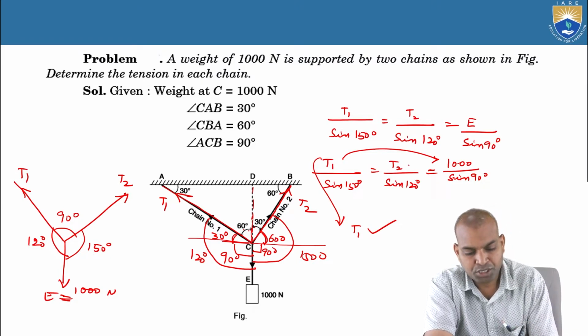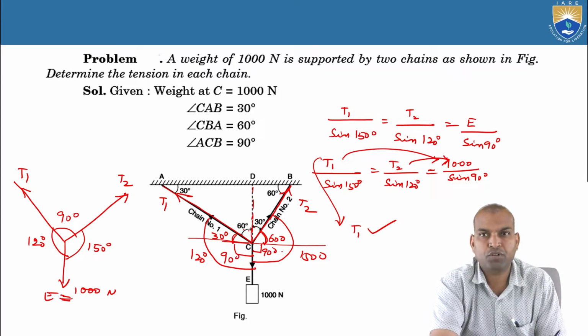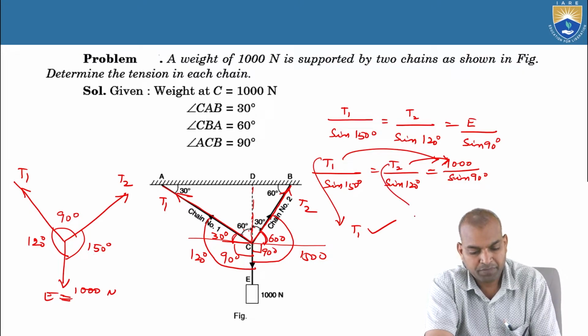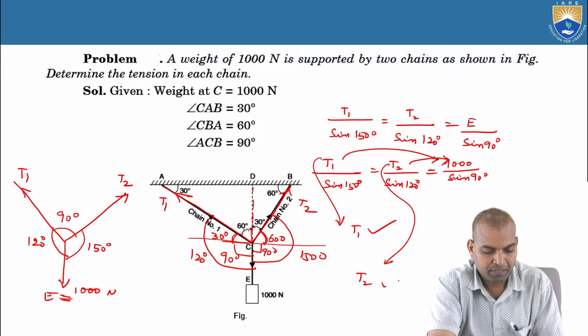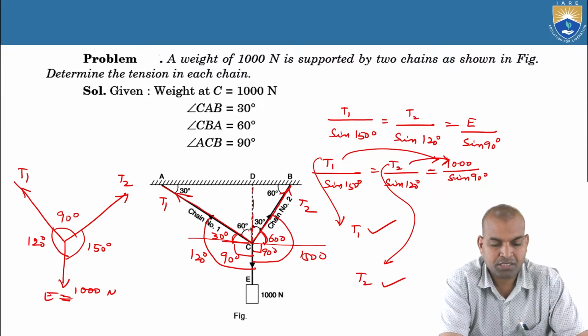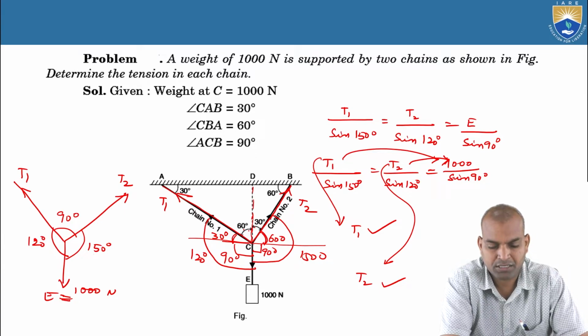If we equate T2 by sine 120 equal to 1000 by sine 90, then from that T2 will be obtained. Thus, we have to solve the tensions in chain number 1 and chain number 2. This is the way of doing it.